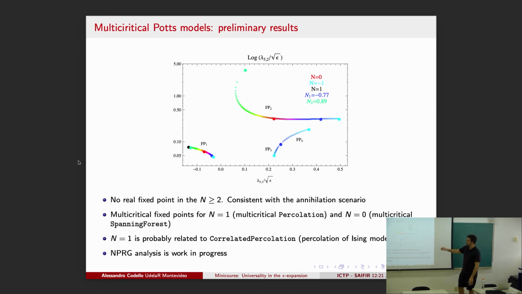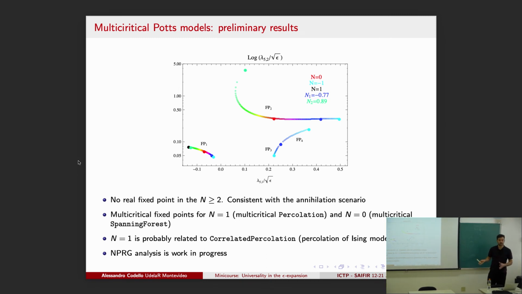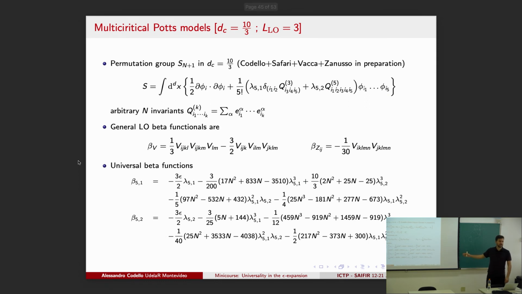We don't have time here, but the way to prove that n equal 1 is percolation is exactly the replica trick. You apply the replica trick to the problem of percolation. The replicas will have permutational symmetry, but at the end, you have only one original field of your problem. When you do this replica trick, you expect that the RG quantities are robust, and this is, for example, another study that we did on the O(N) model when n goes to 0.